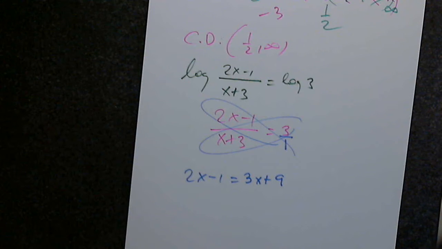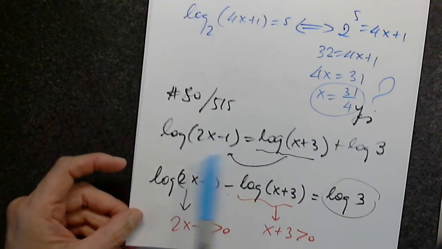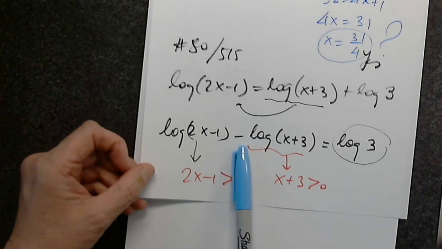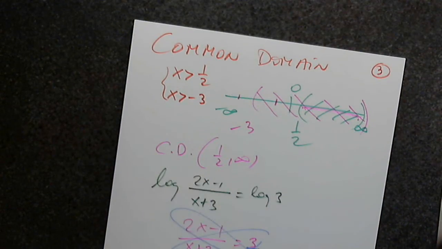Now look one more time. Let's look at this problem one more time and see how many levels, how many steps. A lot. So first of all, what did I do? I moved the x's on one side, the logs with x. Then I stated domain for each. Then I determined the common domain.